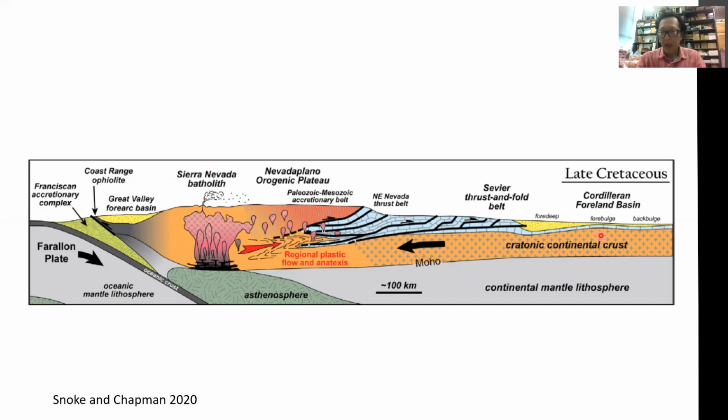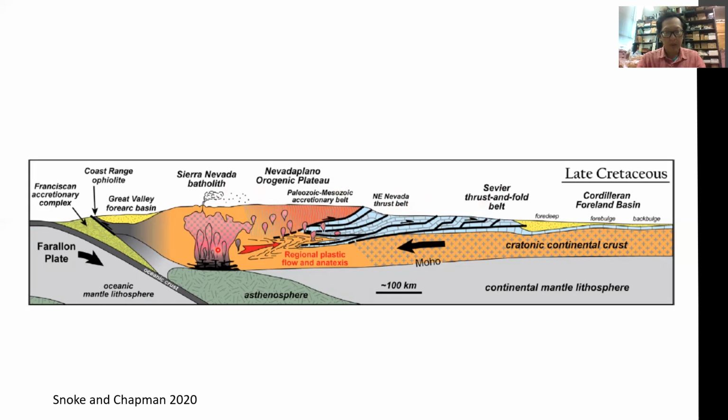And then it is actually out here where you get the subsidence that allows you to develop these shallow inland seas. But somewhere between that basin and this orogenic belt here, you have what they call a thrust belt, and they call it the Sevier thrust and fold belt.